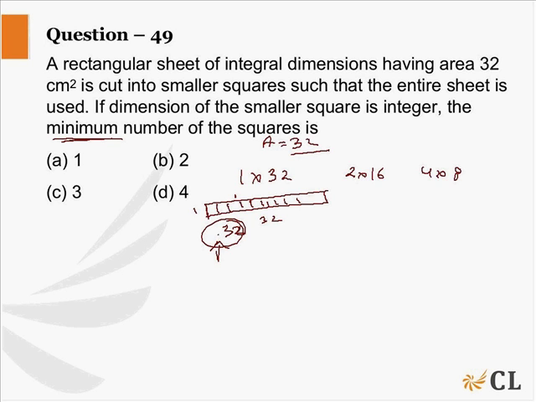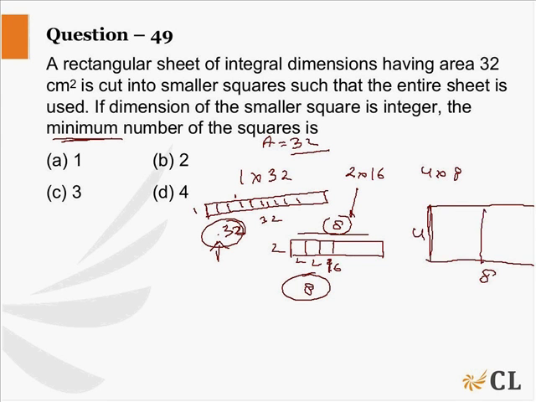If I take 2 into 16, I can cut squares of 2 units. So 2, 2, 2 करके आप ऐसे 8 squares cut कर सकते हो. The answer is 8 here. If I take 4 into 8, if this is 4, this is 8, I can easily cut 2 squares of dimension 4. So the minimum number of squares is 2 only.